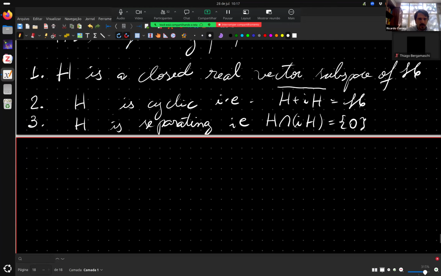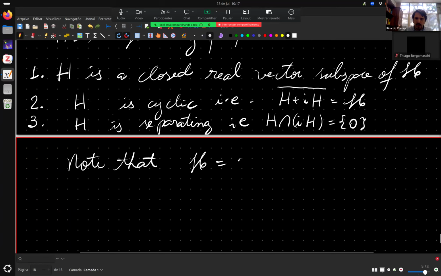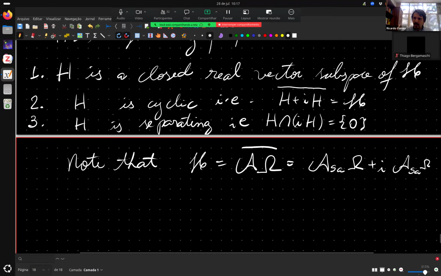That it's cyclic should be easy to see, because if you take A acting on the vector omega and you take the closure, well, since the vacuum is cyclic, so allow me to start with this one. So A omega closure should be the whole Hilbert space. But what we just saw is that this should be all the self-adjoint ones acting on omega plus i times all the self-adjoint ones acting on omega.